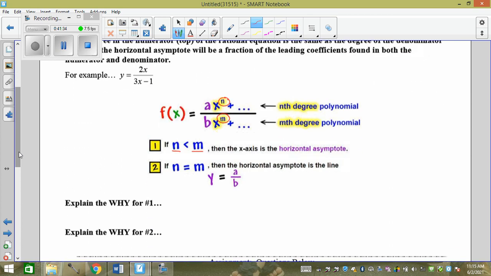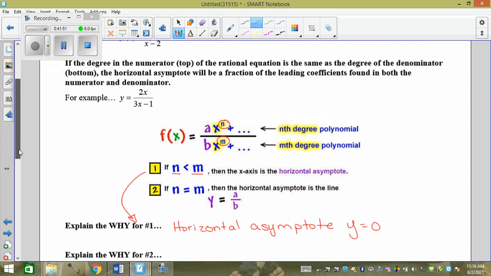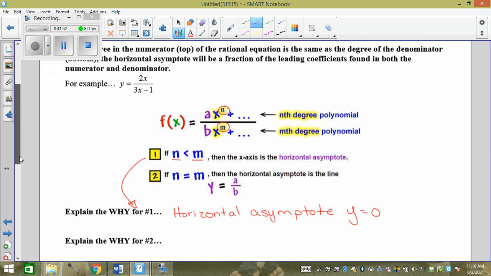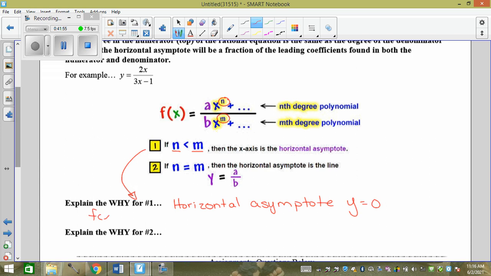Whenever this happens, we get y equals 0. So when our numerator is a smaller degree, we get a horizontal asymptote at y equals 0. The example above was f of x equals 1 over x minus 2.